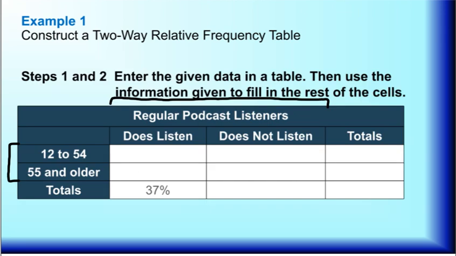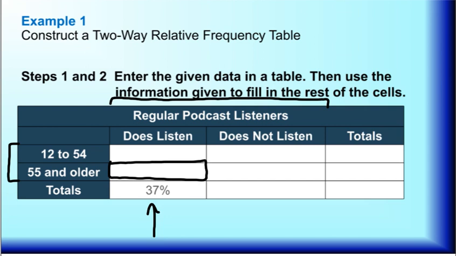So if I go to this column right here, does listen, of this 37%, it said that 20% are 55 and older. So at this box right here, that is 20% of 37%.